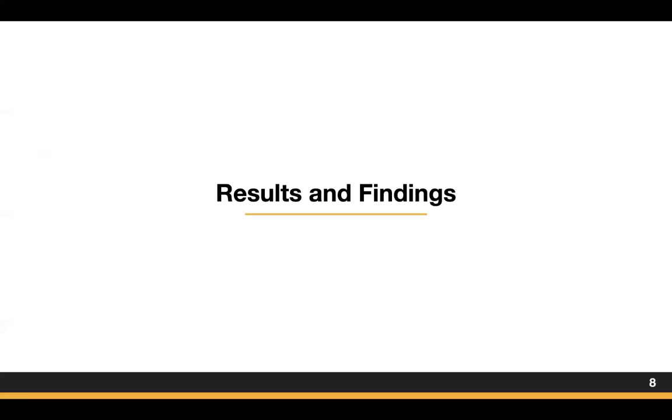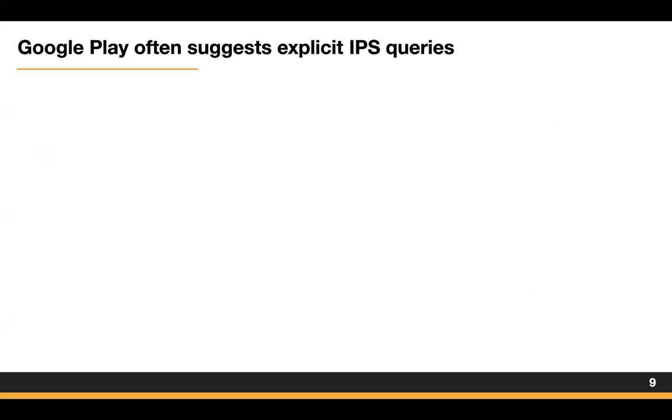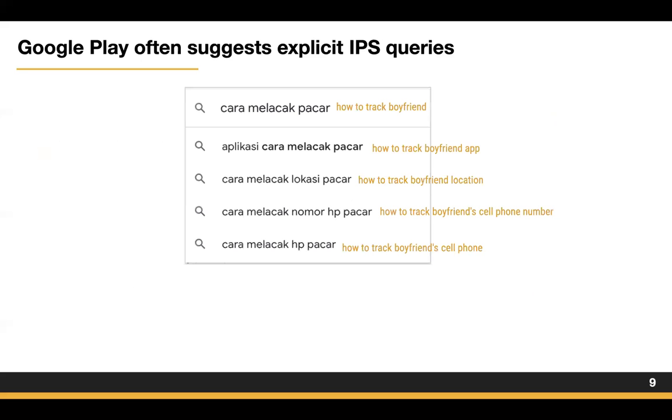We observed several interesting patterns in the suggested queries and apps found on Google Play in different languages. First, we analyzed IPS queries and how the store handles them. By IPS queries, we mean queries that explicitly talk about intimate partner surveillance. Unfortunately, Play Store suggests many IPS queries as seen in this example.